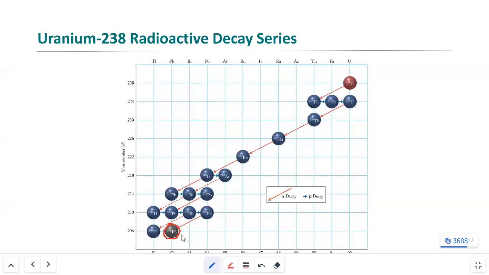And lead-206 is a stable isotope of lead. But if you follow the arrows here, you see 1, 2, 3, 4, 5, 6, 7, 8, 9, 10, 11, 12, 13, 14, somewhere around 15 decays took place to go from the unstable uranium to the stable lead.